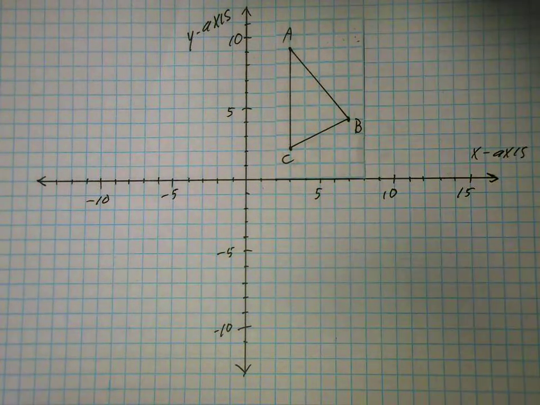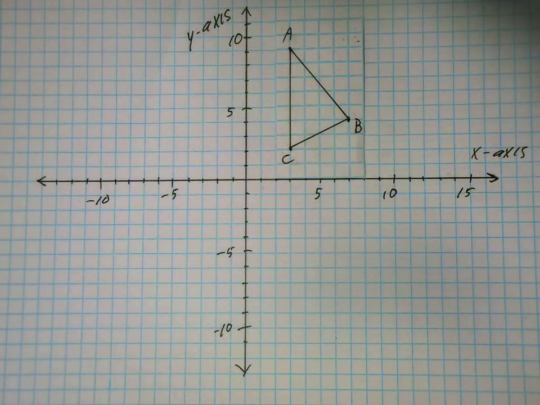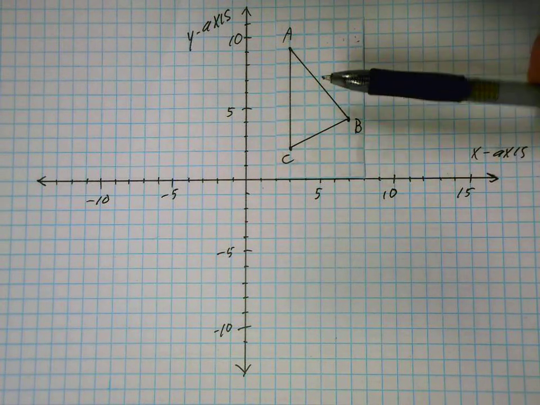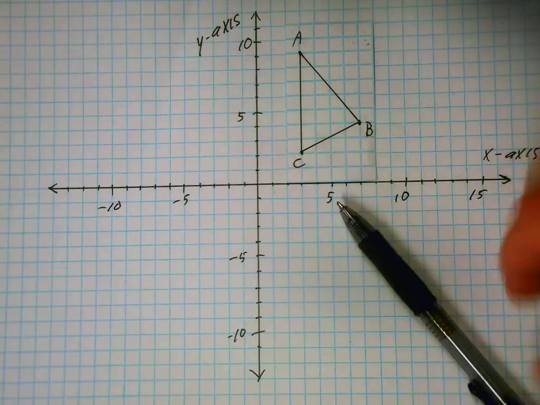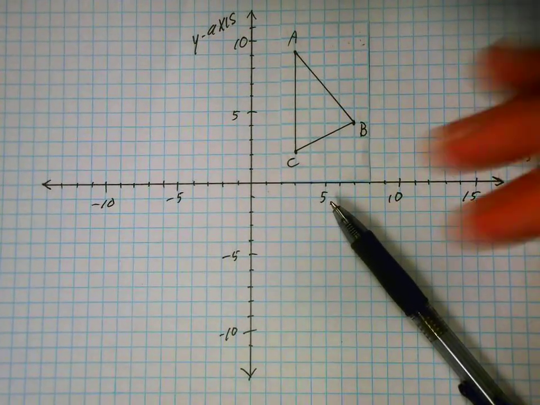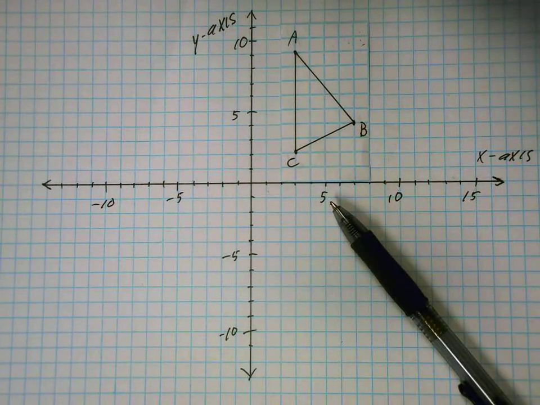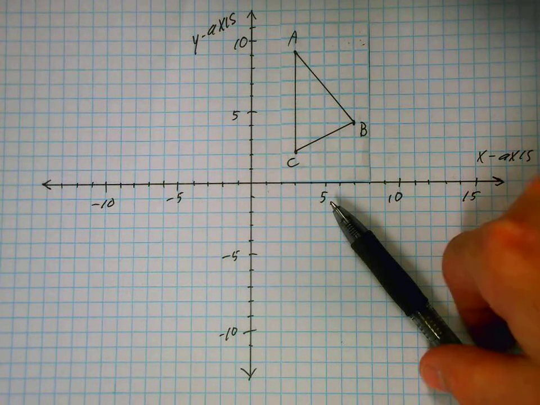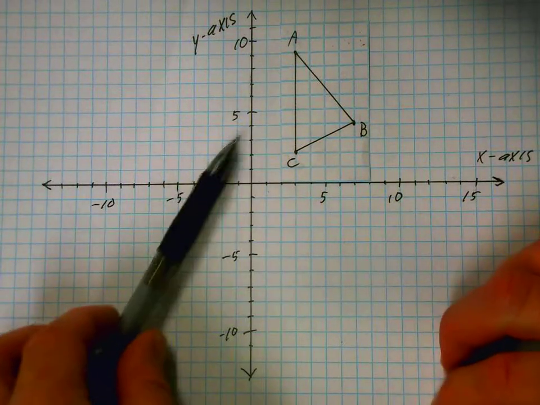We're going to reflect triangle ABC over what is called a line of reflection. Once you understand what a line of reflection is, this becomes very easy because it's just a distance problem. For this problem, we're going to pick the y-axis as the line of reflection. So we're going to reflect ABC over this line.